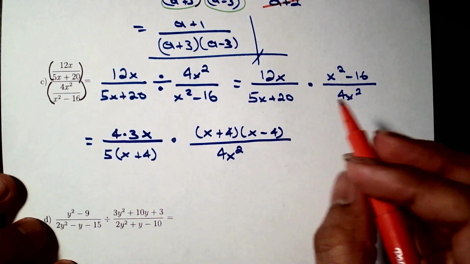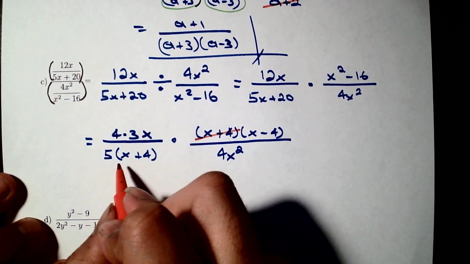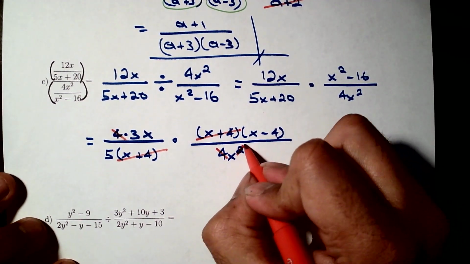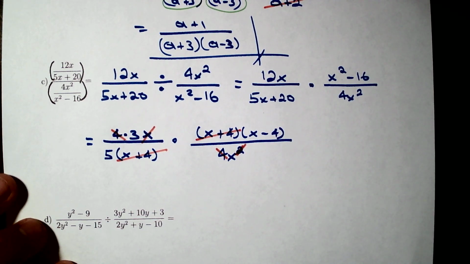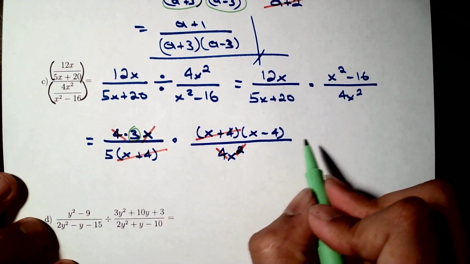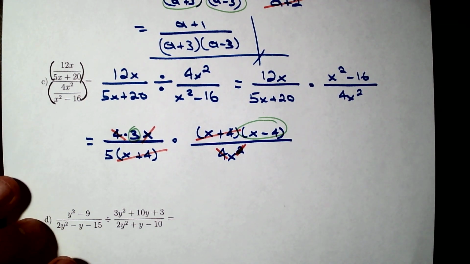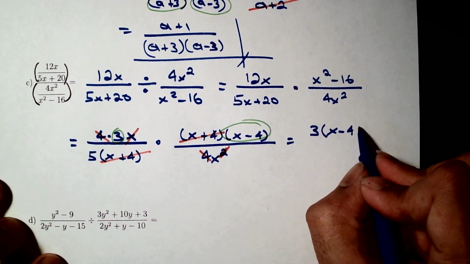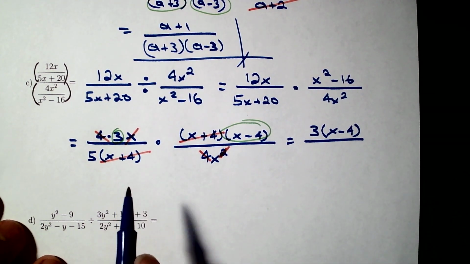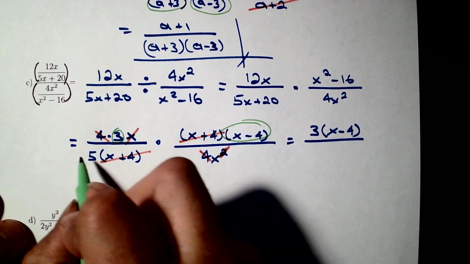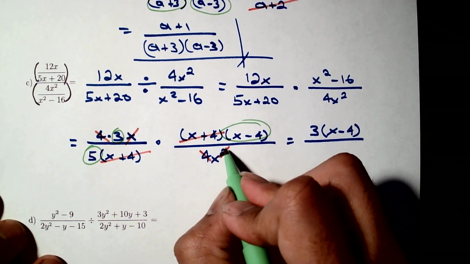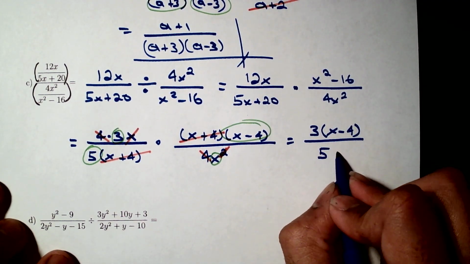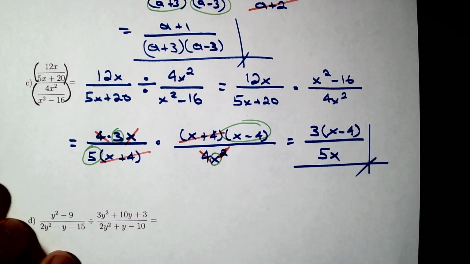So when you simplify, the x plus 4 factors go away, and one power of x cancels with this x, leaving us with 3 times x minus 4, divided by 5. Out of the 2 powers of x, we cancel 1. We are left with 1x, so 5x. Final answer.